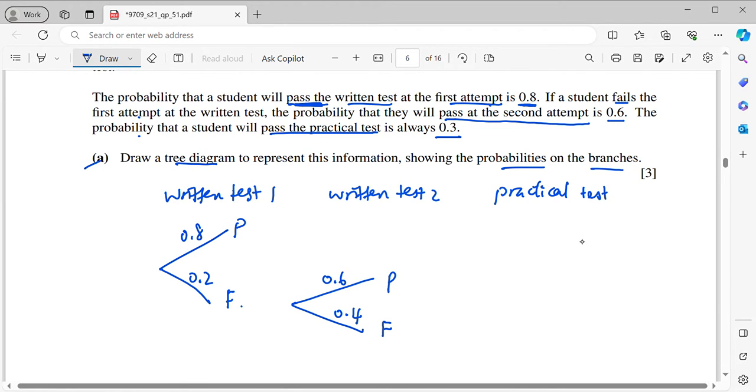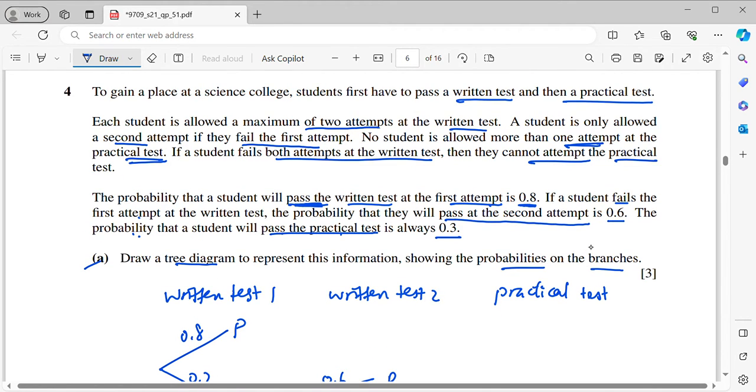The probability that the student will pass the practical test is 0.3. Referring to the question, the student first has to pass a written test and then the practical test. So once the student has passed either written test 1 or written test 2, they will proceed to the practical test.